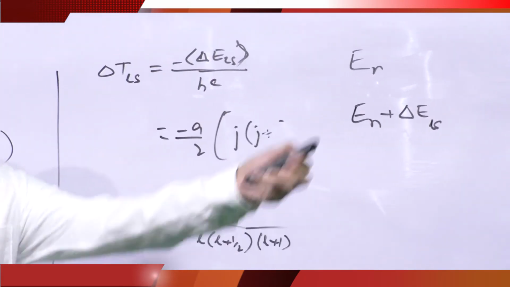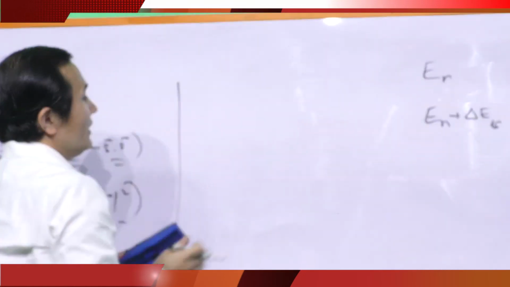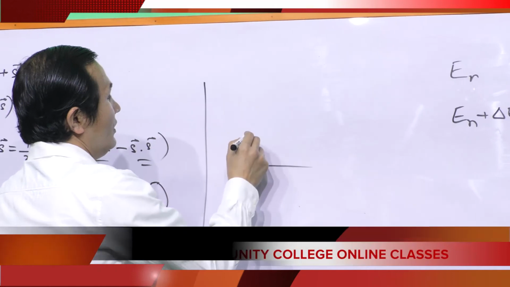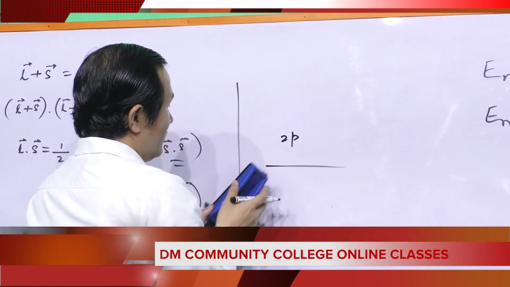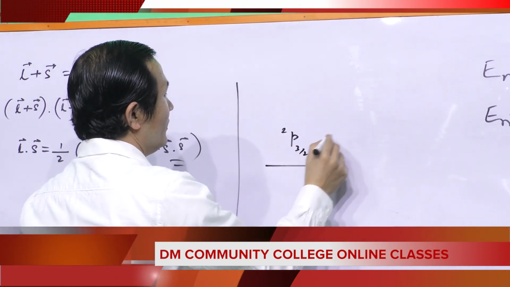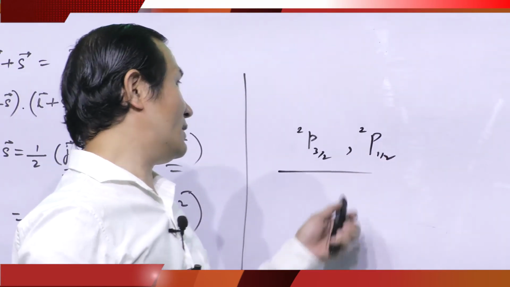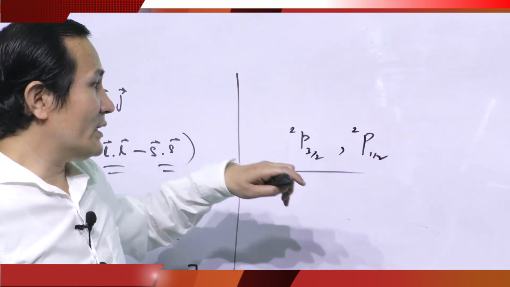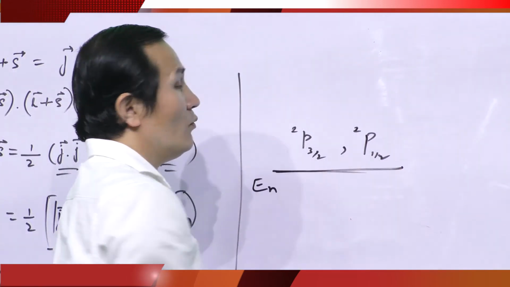So for understanding, I'm giving an example here. Let us say these two states, 2p, there are two states, 2p 3 by 2 and 2p 1 by 2. I'm taking these two states. These two states have the same energy En as calculated by Bohr's theory.